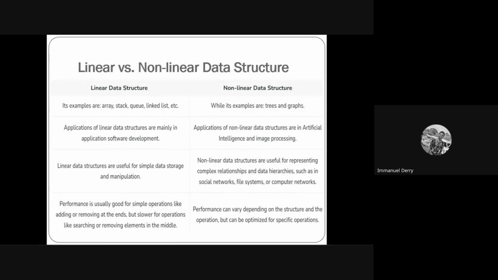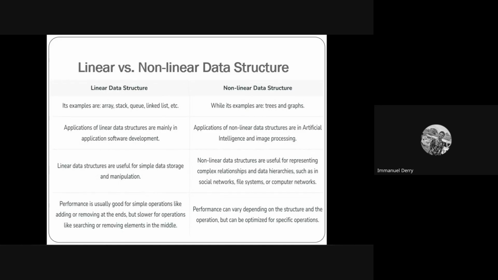Most of the application software systems running on our iOS, our Android devices, and our PCs, let me say 90 to 100% of them, use linear data structures. However, applications of non-linear data structures involve artificial intelligence and image processing. This new paradigm shift in computing systems, the AI and image processing, mostly use non-linear data structures.